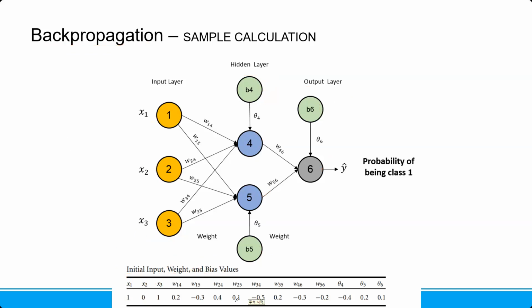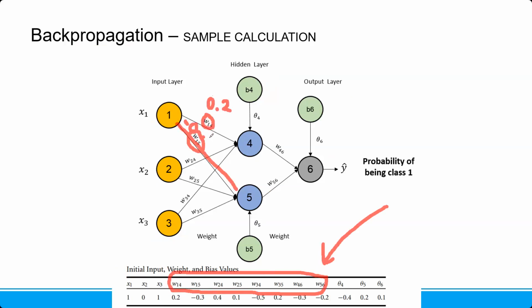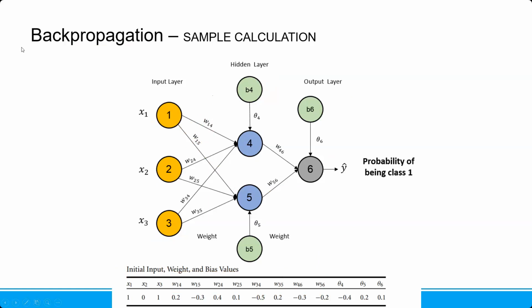And then we are going to look at the details for every weight. So you can see for every weight here, weight 1, 4. It means W14. It is 0.2. And then we have weight 1, 5 here. It is minus 0.2 and so on. Usually this weight is randomly generated.